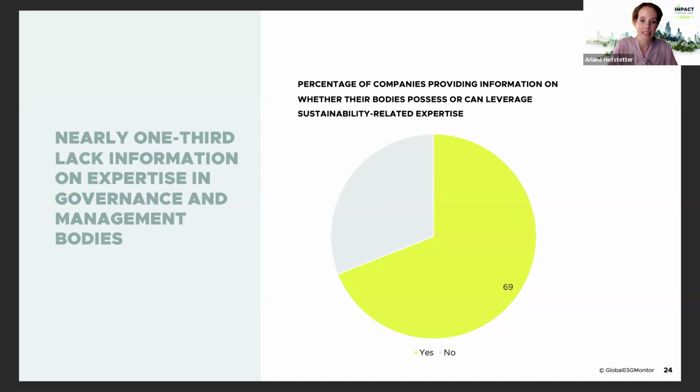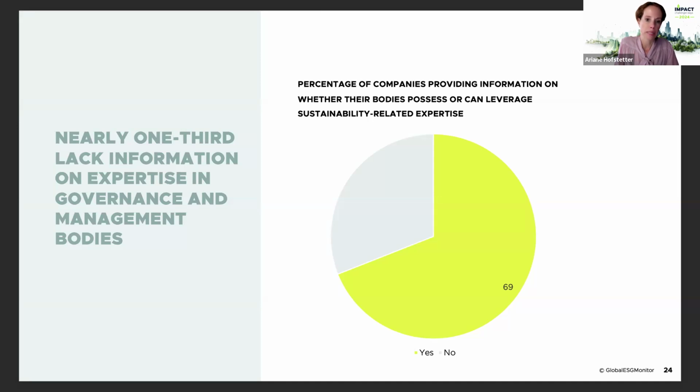So far, 69% report that they have expertise or can access sustainability expertise. However, that also means that just one third, 31% of the company lack detailed information on this expertise. So we do not know if the boards have this.